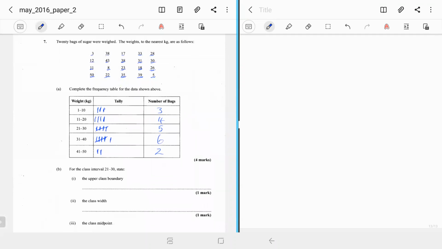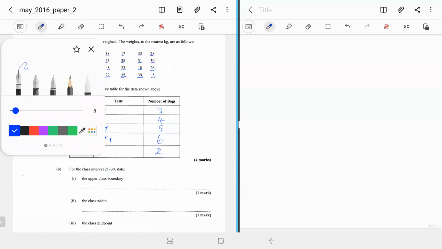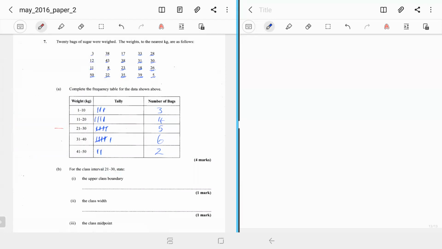All right. Then they say, for the class interval 21 to 30, that's this one. This class interval they're asking us about now. The upper class boundary. Somebody tell me the upper class boundary for that class, the 21 to 30 class.